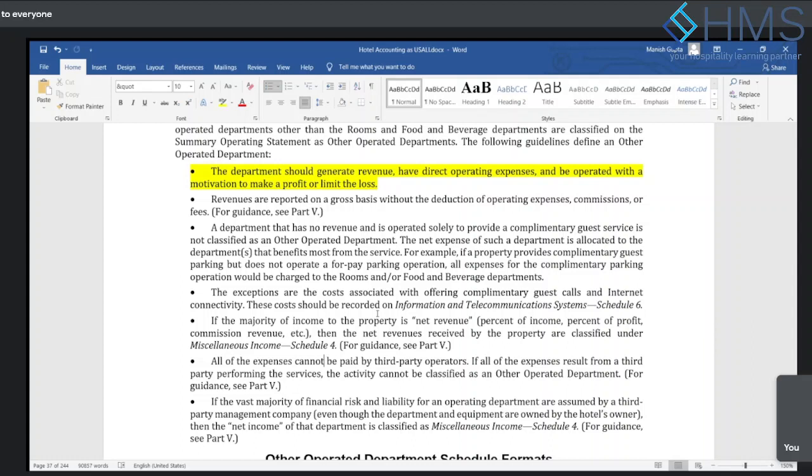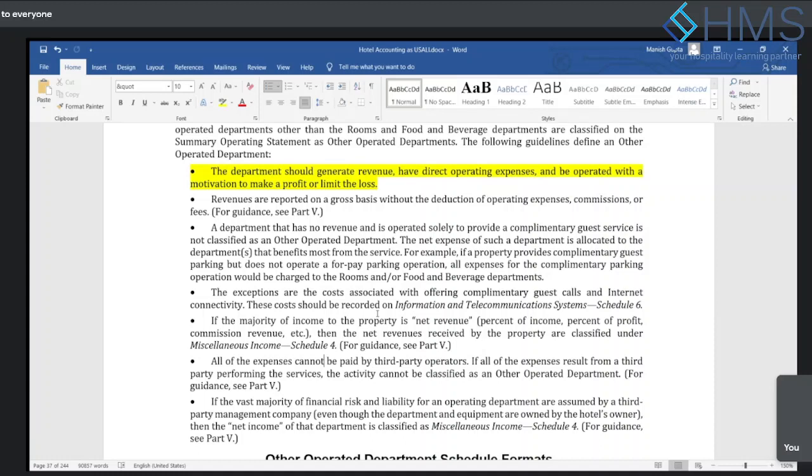That's it, finished. So this means you have to constantly look at the other operating departments, whether they are making money, whether their main purpose is to remain as a complimentary service, or just because you want to provide the option. Sometimes you have departments just to get the star rating.